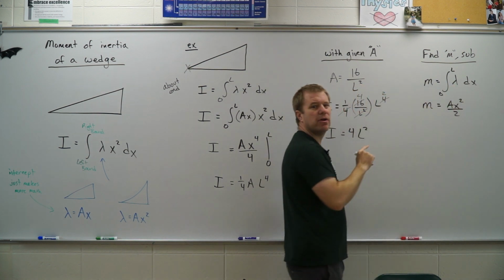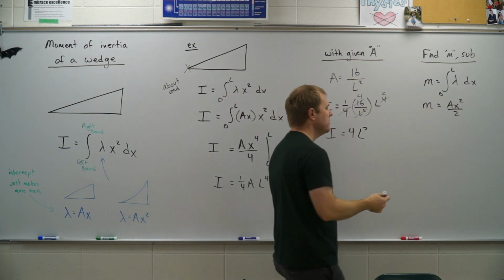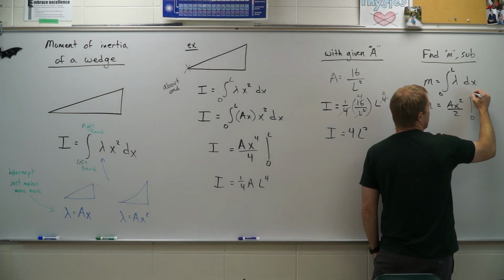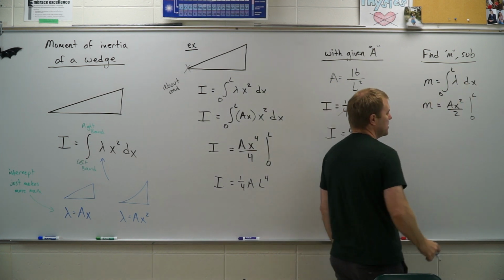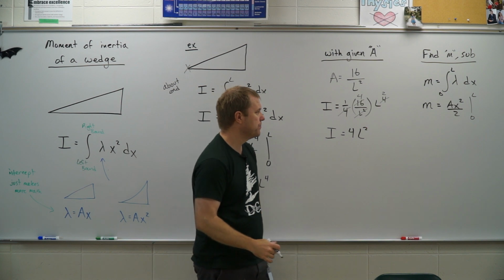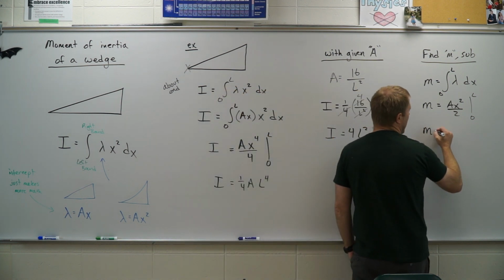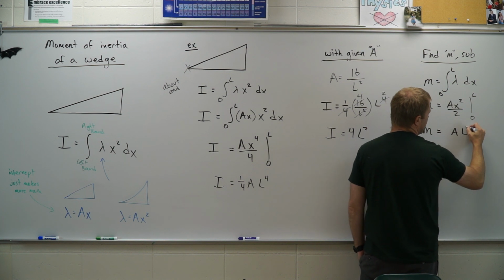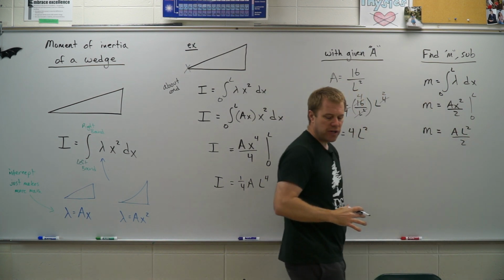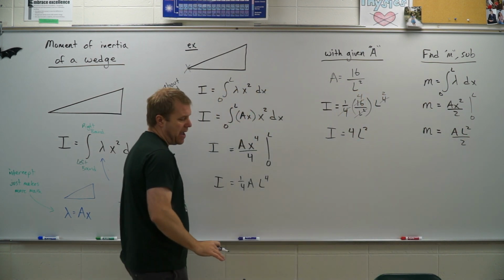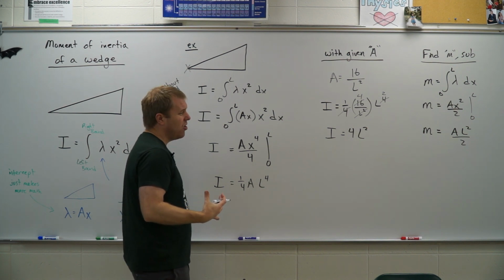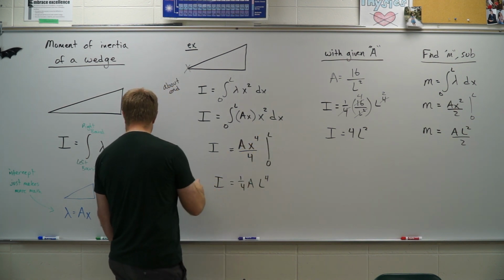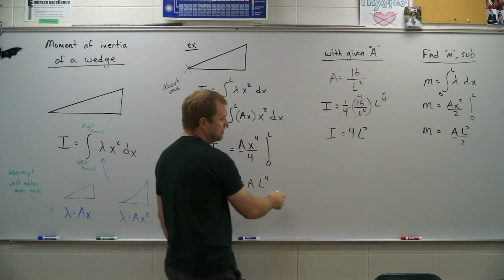Remember, lambda was ax, so when I integrate that, we're still evaluating from 0 to L. I guess I should have substituted in there ax. Oh well. So now my mass ends up being a times L squared over 2. Now that I've found that mass, I want to solve for a so that I can substitute it back in here.